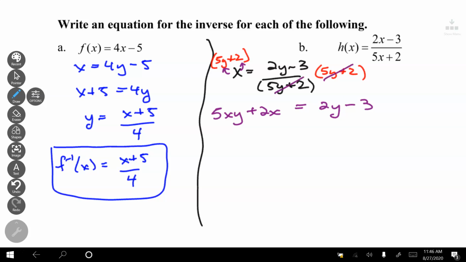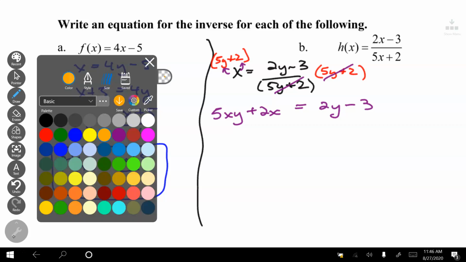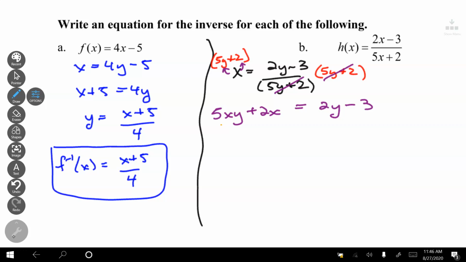Much easier. I want to isolate y. That means I want all the y's together on the same side of the problem. So what I'm going to do is, that has a y, it stays. This doesn't, it's going to move. This has a y, it's going to move. This doesn't, it stays. And I get 5xy minus 2y is equal to negative 2x minus 3, or negative 3 minus 2x, I don't care, it's the same thing.